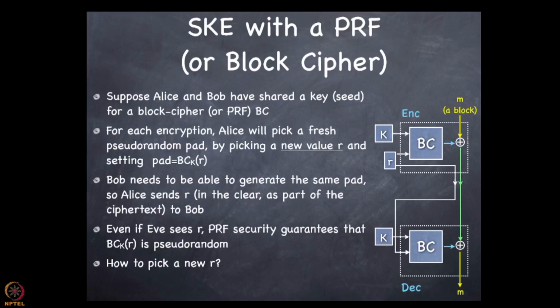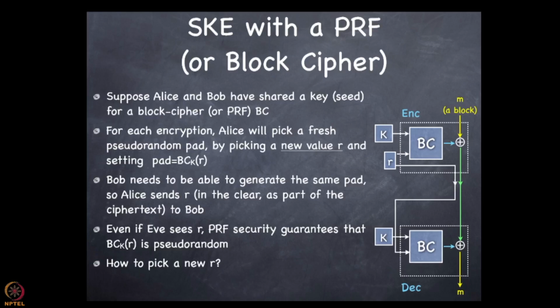Why does that work? If you pick one at random, there is a small chance that actually you'll pick something that already was used. But that chance is, say, this one block, the input to the block cipher is 128 bits. That chance is 1 in 2 to the 128. This is astronomically small, right? We don't care.